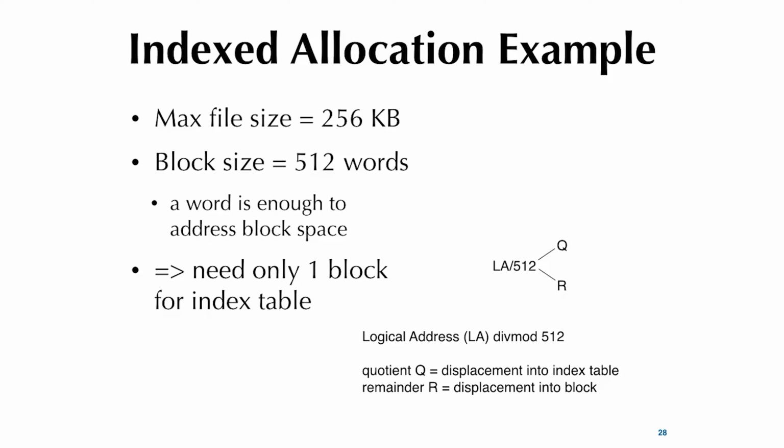Now for sizing, suppose your maximum file size is 256K, which is tiny by today's standard, but okay. And block size is 512 words. Then, if you work out the math, you can fit the index table in exactly one block. But 256K seems small for a maximum file size nowadays.